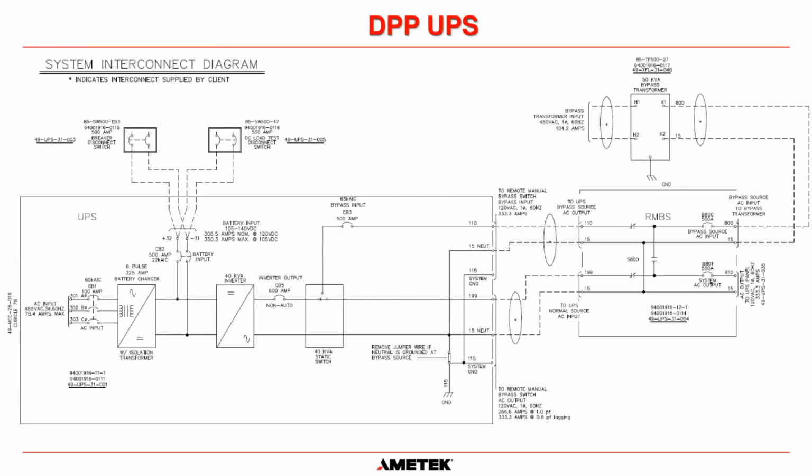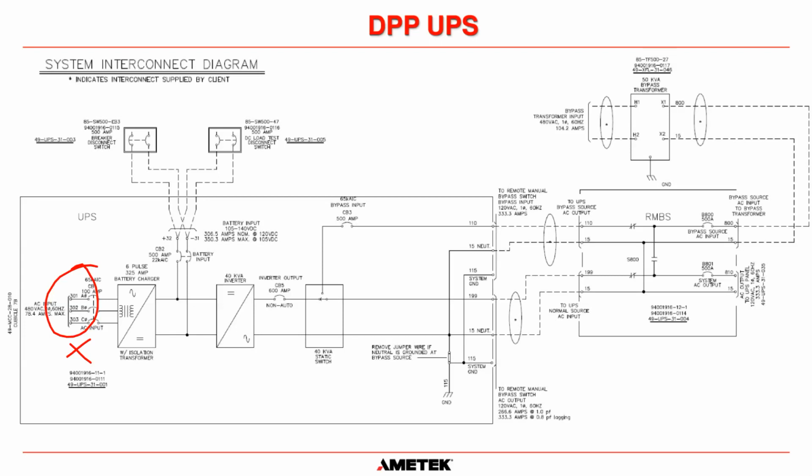Obviously, that resolution wasn't fantastic, so I blew it up for you here. And once again, it is important to understand all of our systems do not have a neutral for the AC input to the charger. So once again, do not run a neutral even for the DPP UPSs. It is not required and there is nowhere to land it.